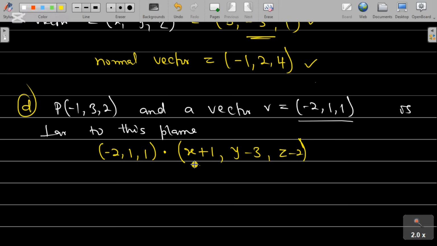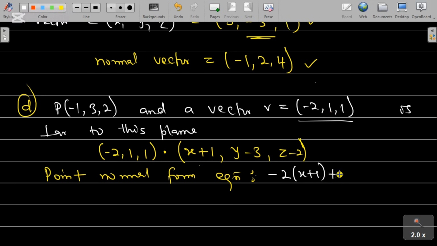But to get your point normal form of equation, you now use your v here as coefficients for these ones. So that is going to be -2 times (x + 1), then plus 1 times (y - 3), and finally plus 1 times (z - 2).